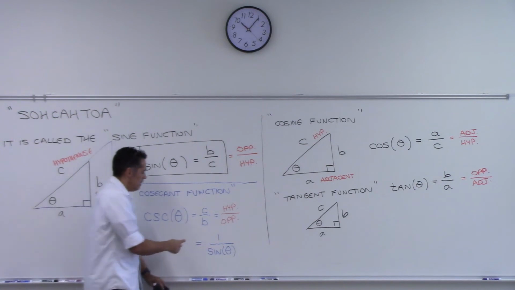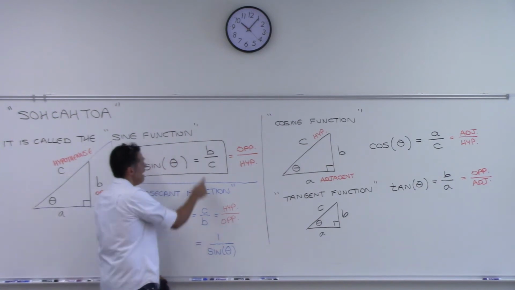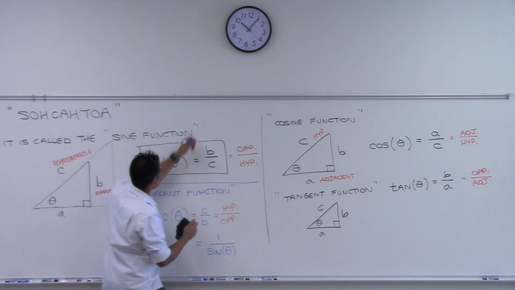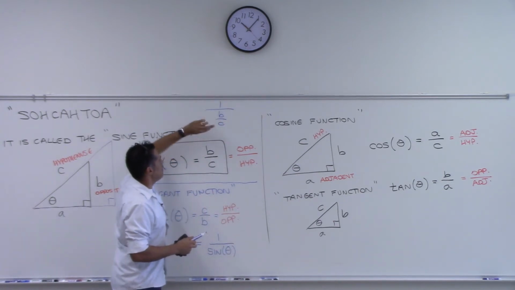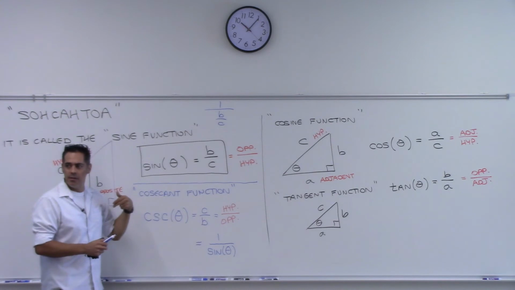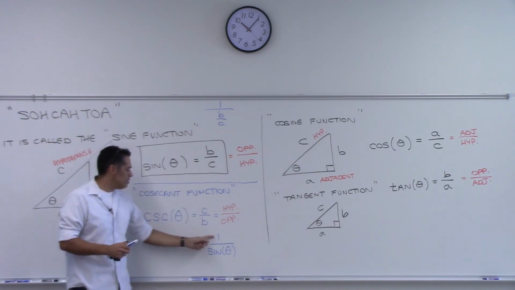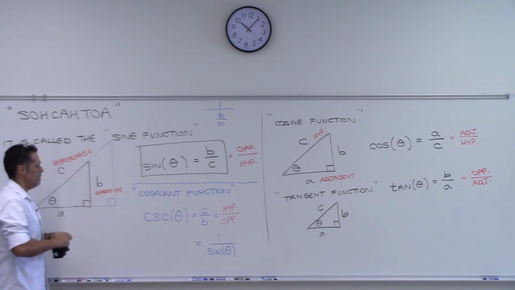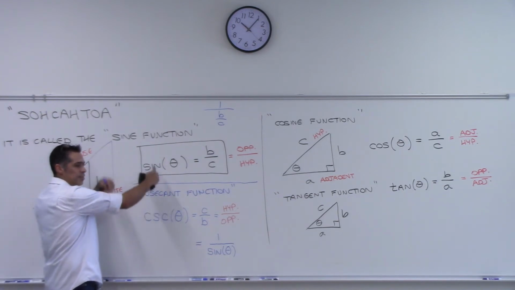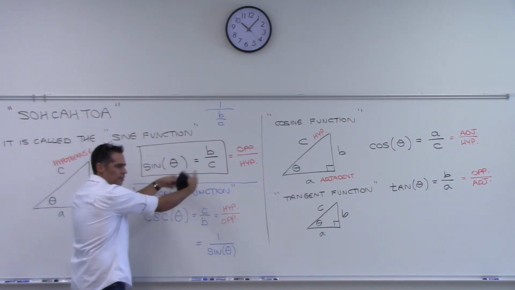Yes. If I take 1 divided by sine, so imagine I took this b over c and did 1 divided by that. 1 divided by b over c would flip it and become c over b, right? So that c over b is the same as the reciprocal of sine. All right, that's the cosecant function. It's the reciprocal of the sine function, so it's everything here flipped over.